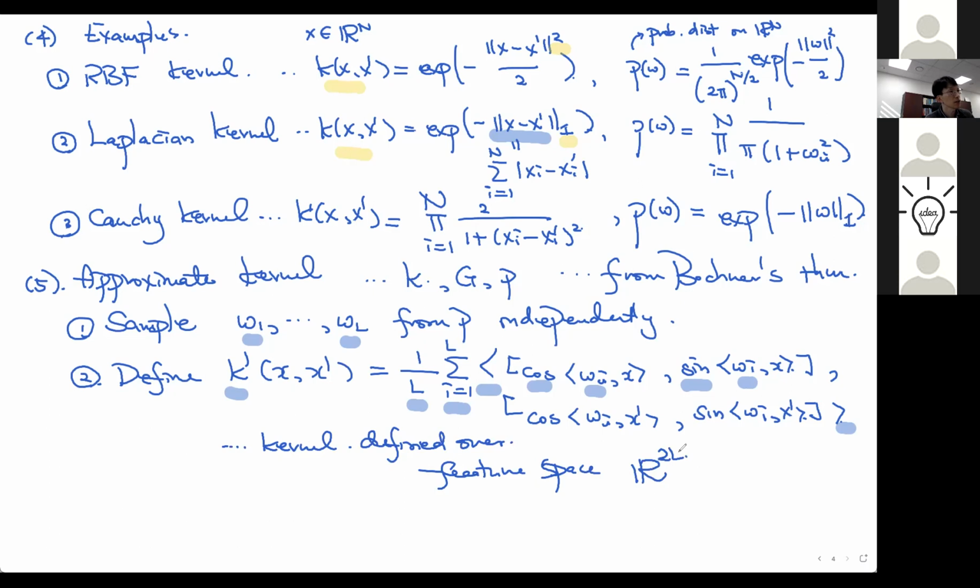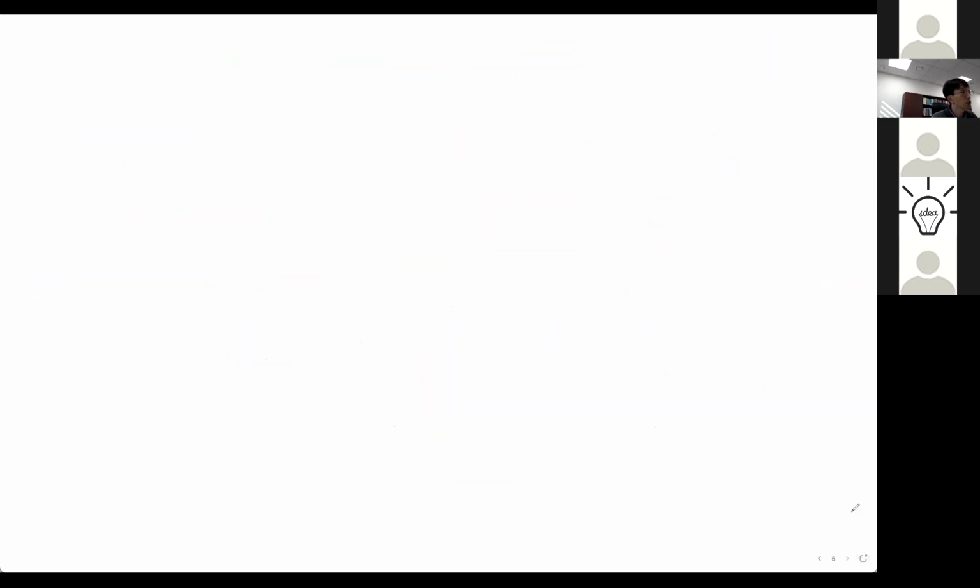If we want a feature space of a small size, we can choose a small L. Of course, then the approximation becomes worse, but this type of construction gives us control. So the question becomes how good this approximation is, and that's what we can prove in the next theorem.